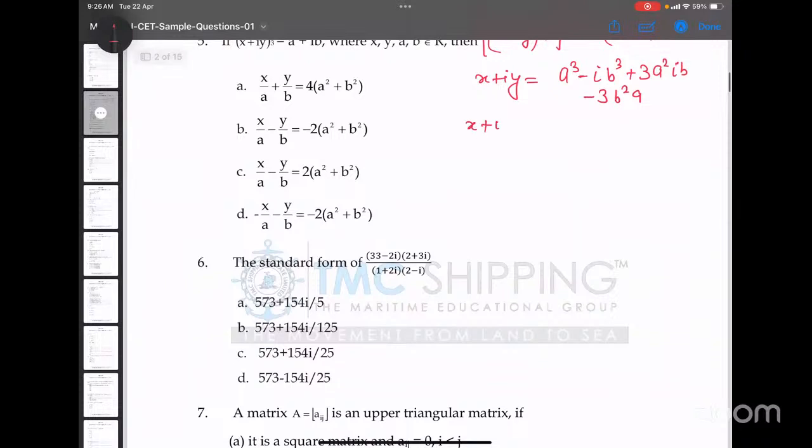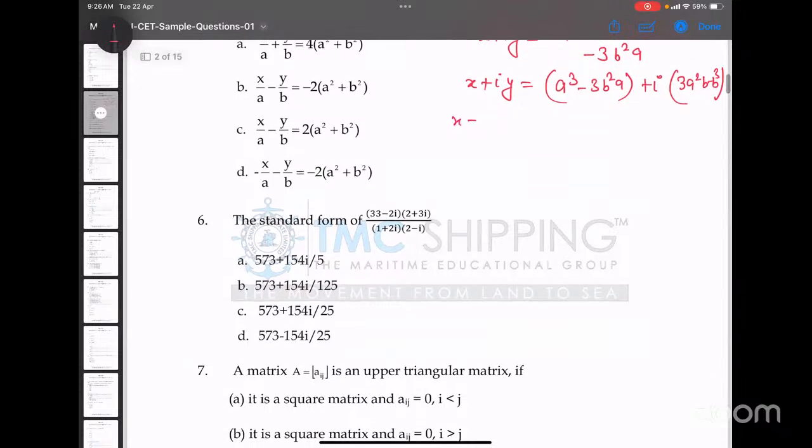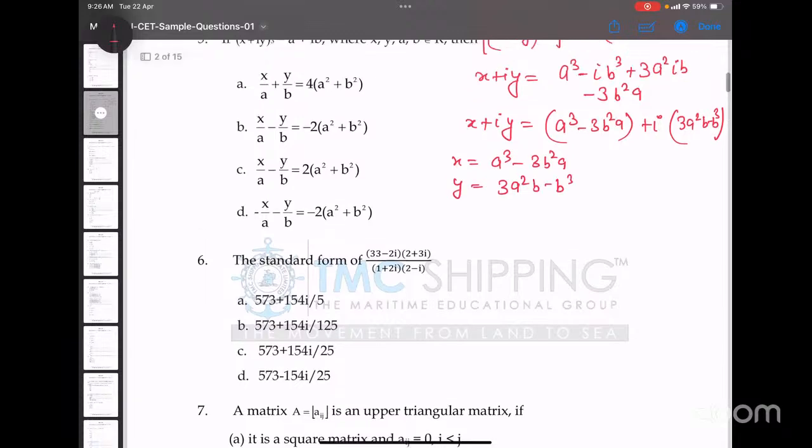So x plus iota y on rearranging will give a cube minus 3b square a plus iota times 3a square b minus b cube. Now x will be a cube minus 3b square a and y will be 3a square b minus b cube.